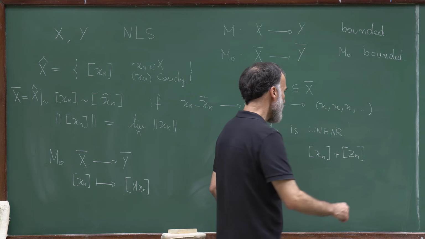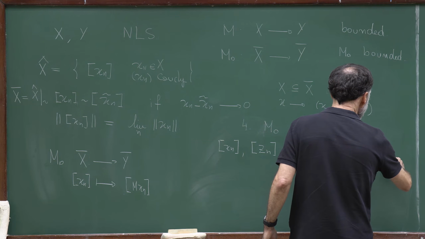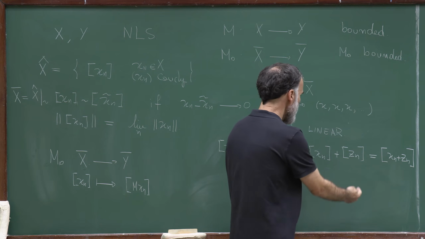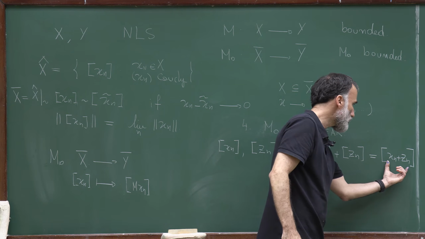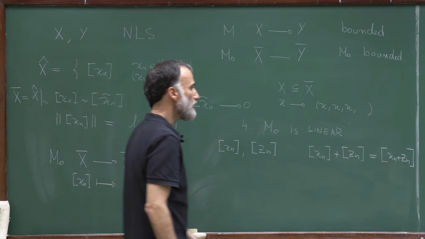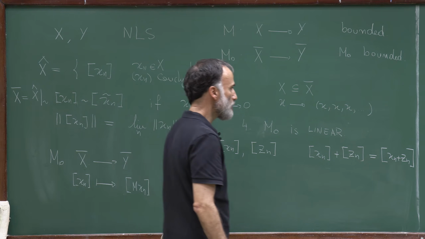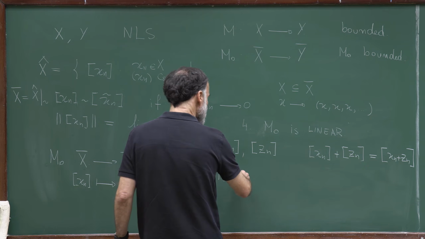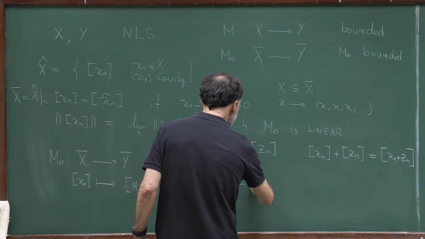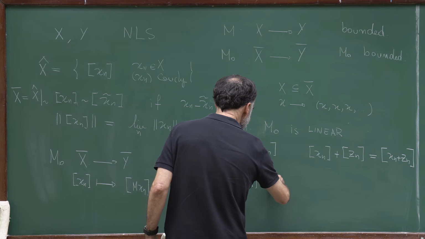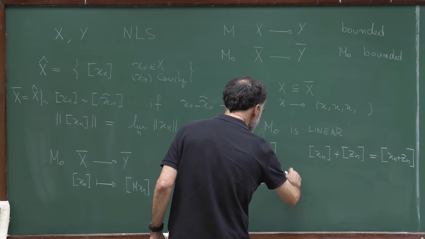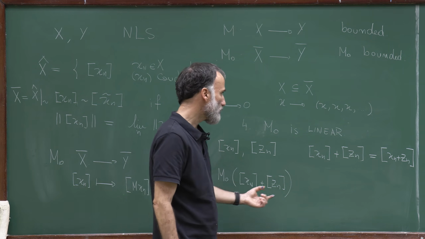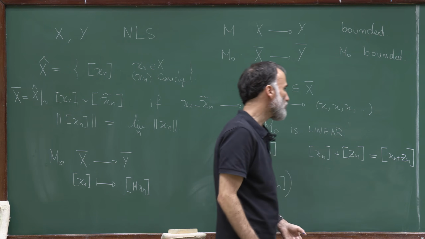I'm taking the sum, and I know that one representative of this new equivalence class is the equivalence class associated to the sequence x_n plus z_n, which is a Cauchy sequence. Therefore, M0 of the sum. So here I have two elements of X bar, and I'm saying that the sum of these two elements is equal to this element.